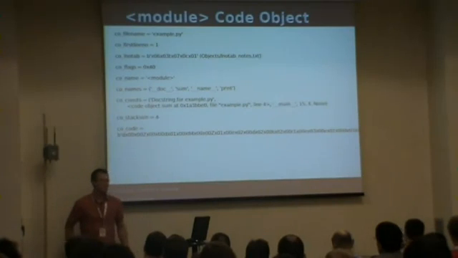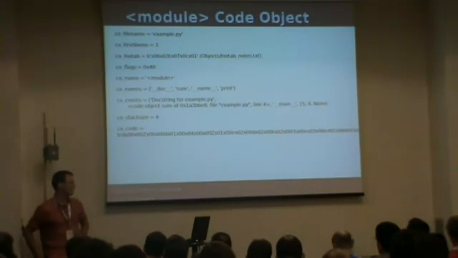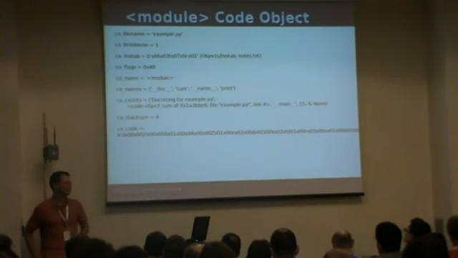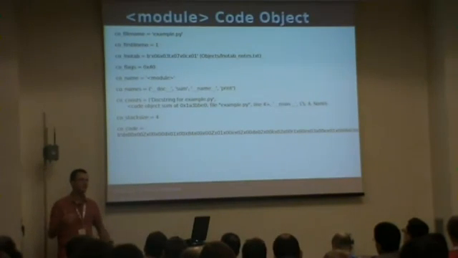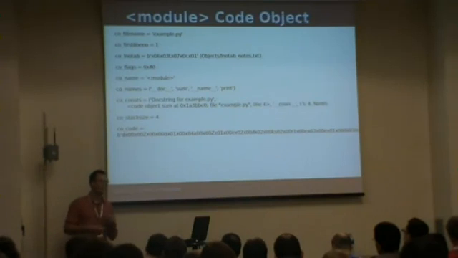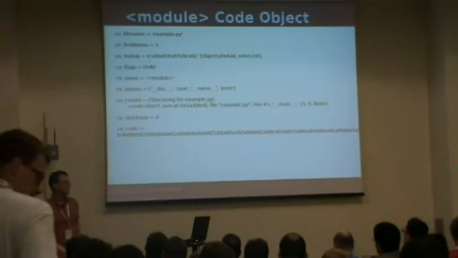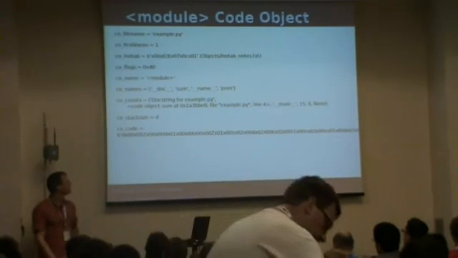Stack size is something that, because I'm writing my little interpreter here in Python, I don't really care about knowing what the stack size will be. CPython likes to know up front what the stack size will grow up to, because I presume it can be more efficient. And then the actual bytecode is in the co_code attribute.